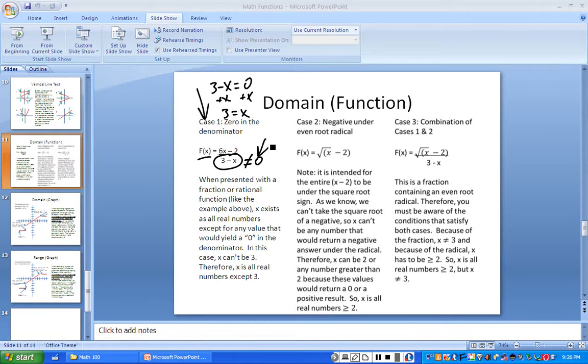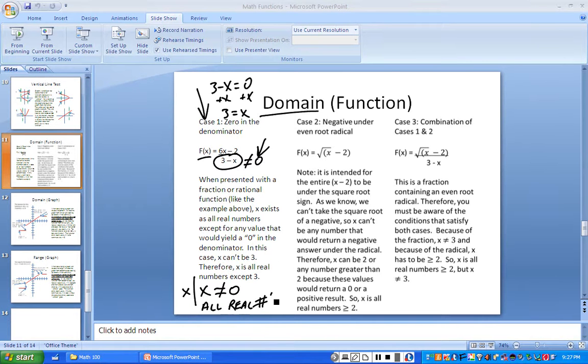Okay, so the fact that you can't have a 0 in the denominator tells me that my domain is x such that x cannot equal 3. Alright, so x can be all real numbers. It can be all real numbers.